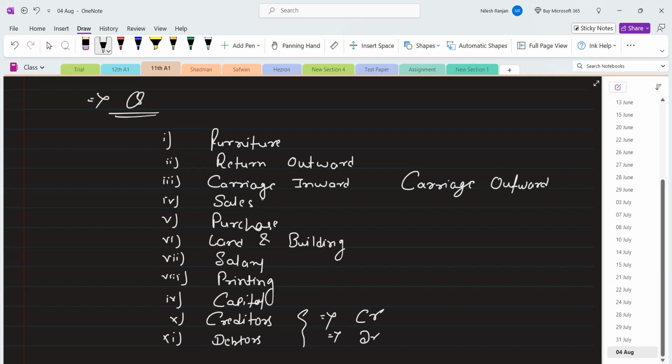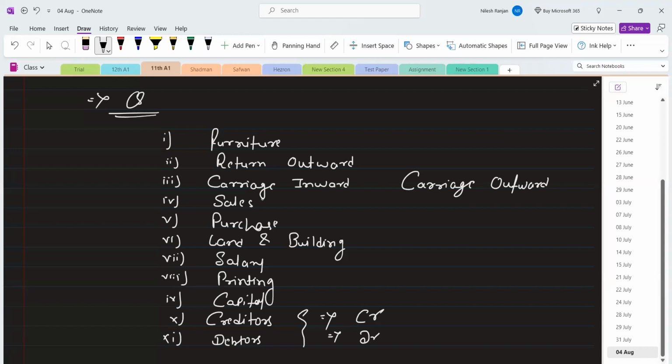So the first thing is you have to select the nature of items. You have to find that out, and after finding out the information, then you can write what is debit, what is credit. What about printing?